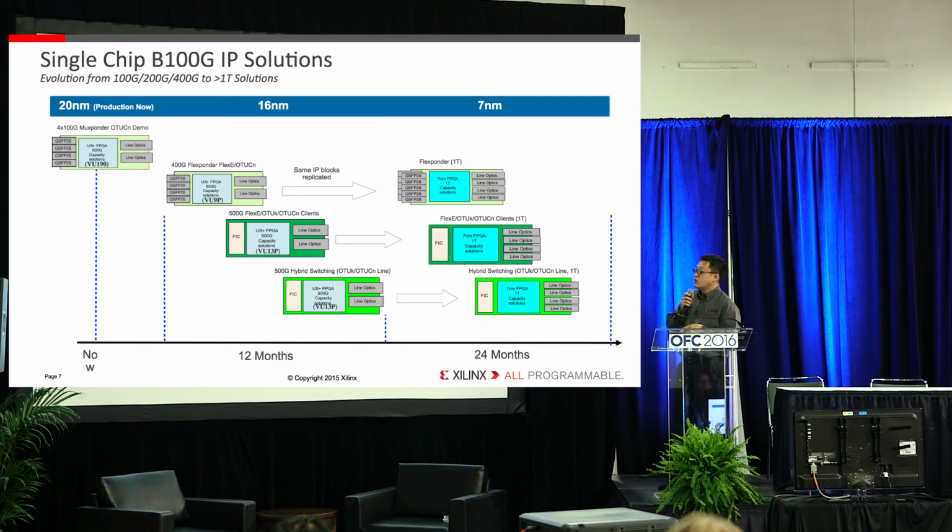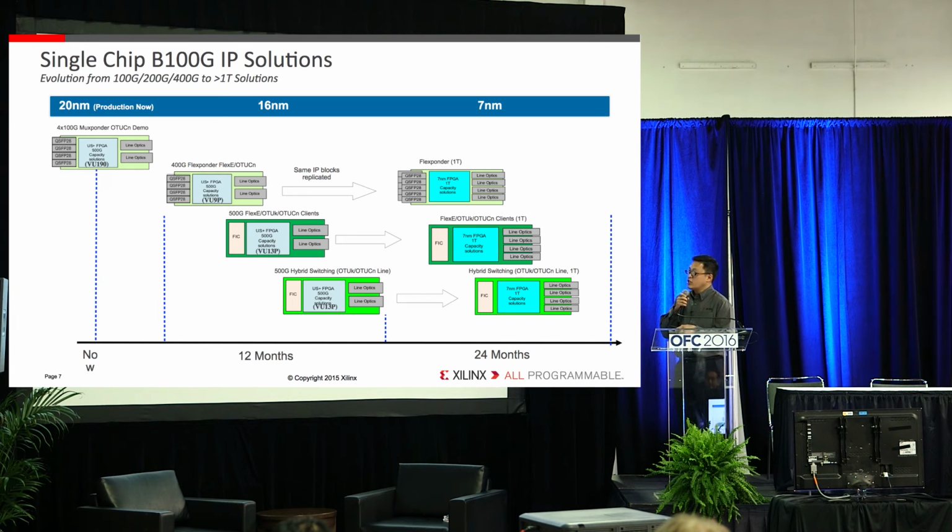So the idea is, we are currently working on a design that will support FlexE, for example, on the client side, okay, or multi-rate Ethernet on the client side. So this is how we are starting. The two things are tied together: the flexible Ethernet as well as the flexible and scalable OTU line rate will connect to each other.